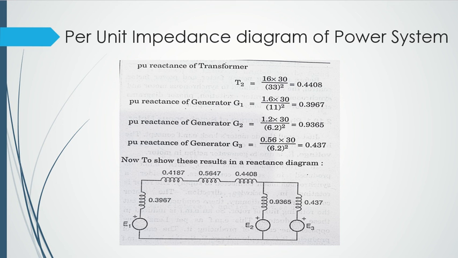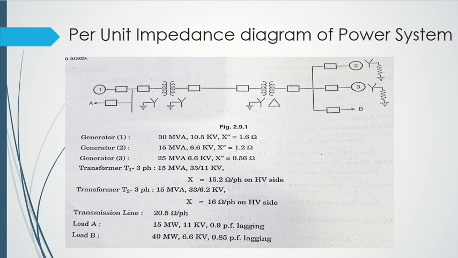Now for the per unit reactance of generator G3, we will again take the actual reactance of generator G3. Let's check: we have 0.56.